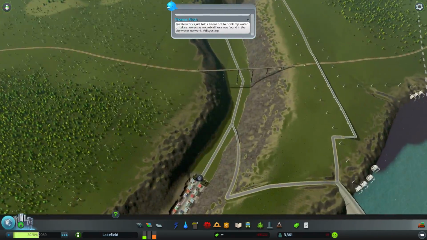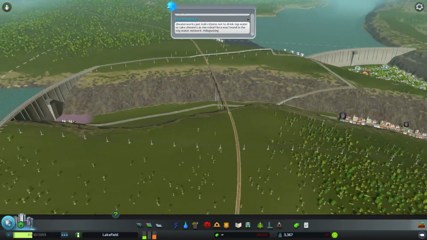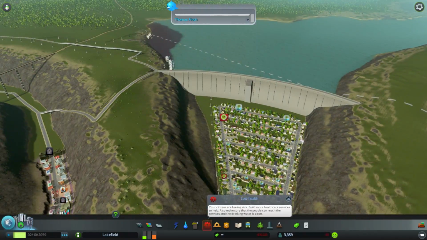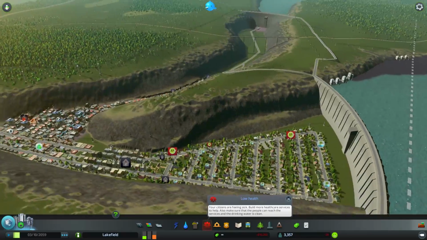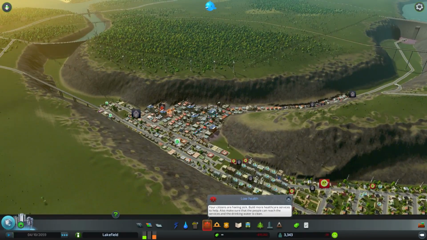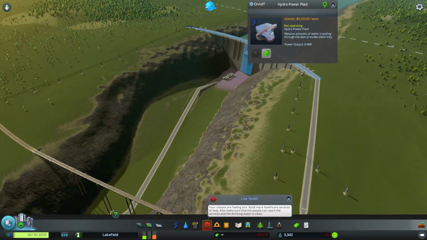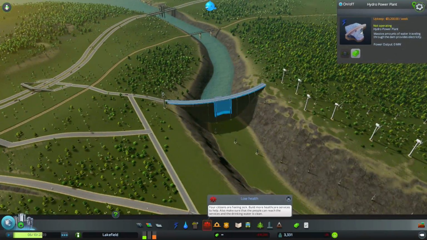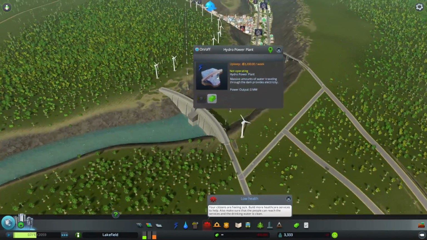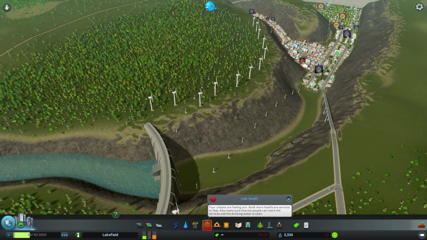So I built these dams last night just to prove this, and I proved that it's not going to do anything. This city is failing because there are a whole bunch of cheats on right now, but nonetheless, it doesn't really matter. This is just to prove the water flow concept. But yeah, so the water doesn't flow, and so with this you're not going to be able to build multiple dams to support each other.